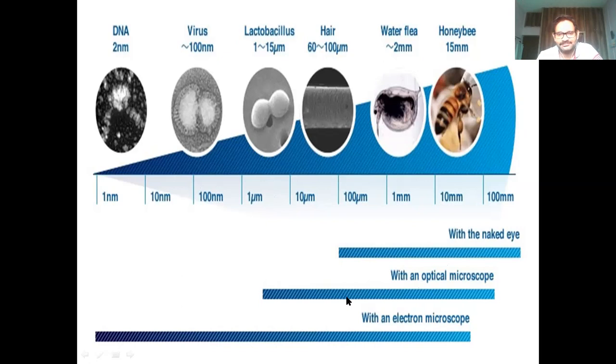For smaller sizes, in nanometers, an optical microscope is not possible, so there we normally require an electron microscope. With an electron microscope we can view with high magnification, even up to 1 nanometer size. So that is the advantage of the electron microscope.